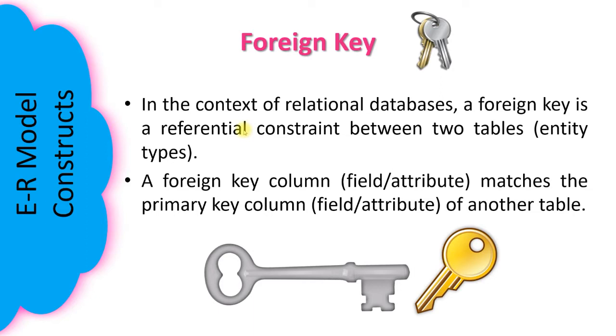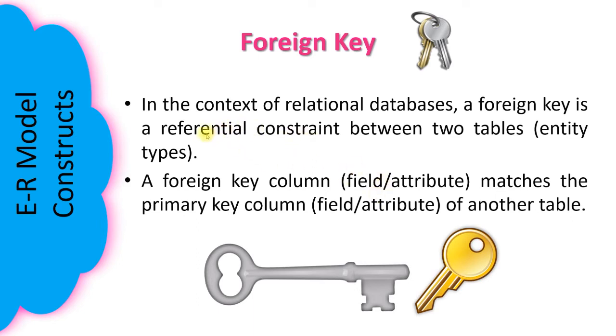Remember, before this I mentioned integrity constraint. It is a rule that controls the redundancy that occurs between two separate entity types. I told you that data redundancy cannot be eliminated 100%, but it can be controlled. How is it controlled? We use this rule, called referential constraint.